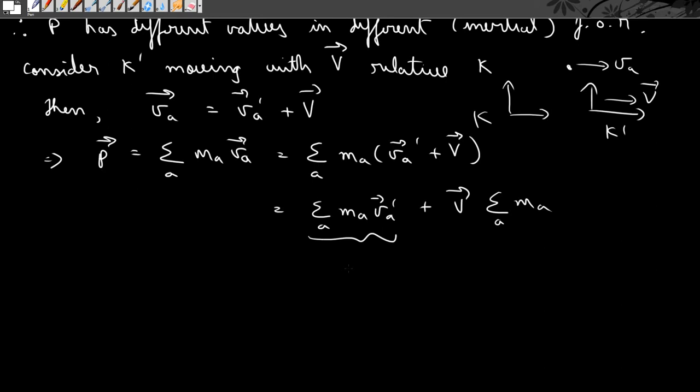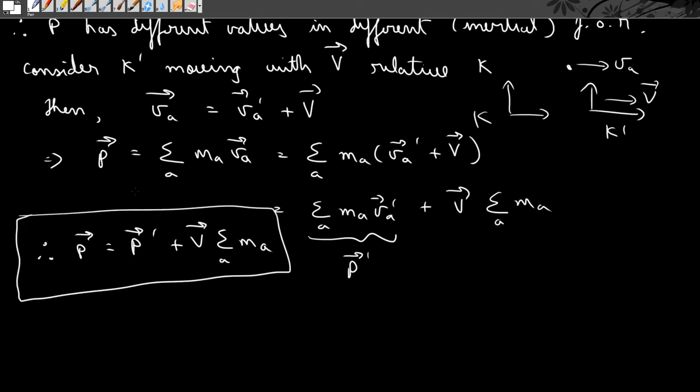Now this quantity I can call P dash, which is the total momentum with respect to frame of reference K dash. So therefore we have P equal to P dash plus V times the summation over A of m_A.